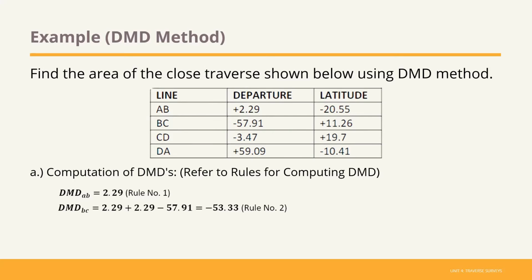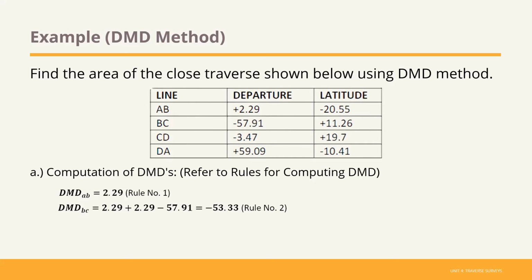Second is the DMD of the line BC. Bear in mind that in the following lines, you need to apply rule number 2, which states that the DMD of the succeeding course is equal to the DMD of the previous, which is 2.29, plus the departure of the previous, which is also 2.29, plus the departure of the course itself, which in this case is negative 57.91.